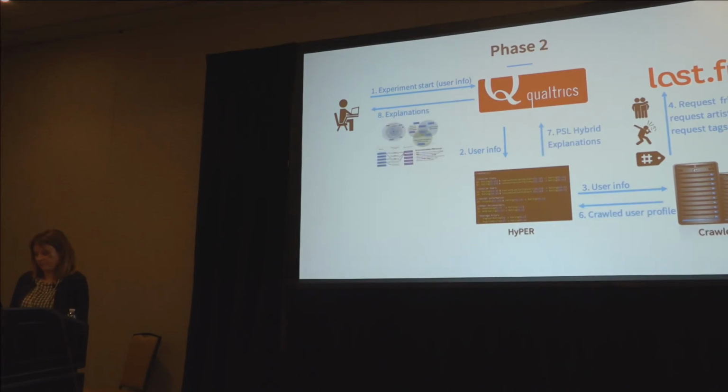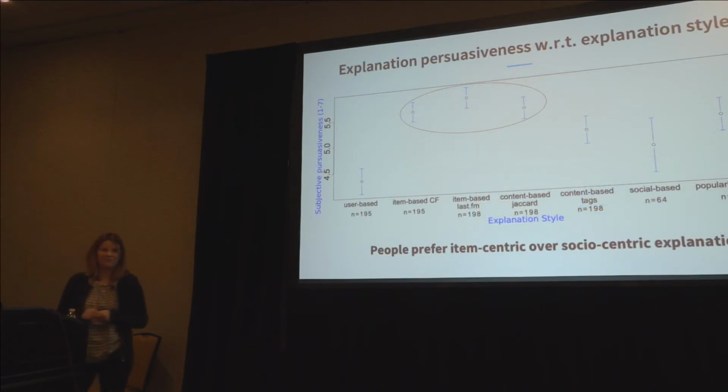I asked people which of these explanations is more convincing, and everyone said the social explanation is not convincing because they're not influenced by what other people are doing. But in that study, I also had actual behavior, and I found that the one condition in which people were actually influenced by the explanation was the social condition. So people say that they won't be influenced, or that it's not persuasive, but it might still be persuasive in their actual behavior.